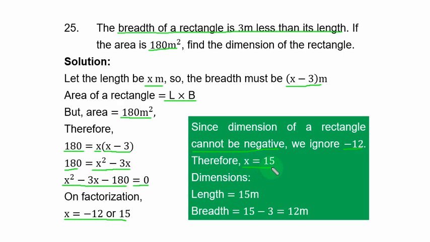So s is 15, that is the length, so the length is simply 15, and the breadth is s minus 3, that is 15 minus 3 equal to 12 meters. It is as simple as it is.